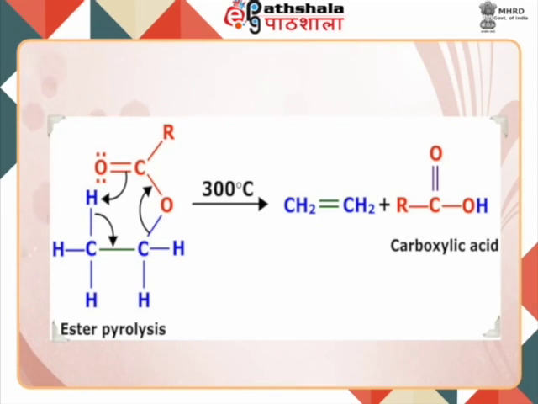If you look at the ester pyrolysis, on heating this particular ester around 300 degrees, you are getting ethene and carboxylic acid.